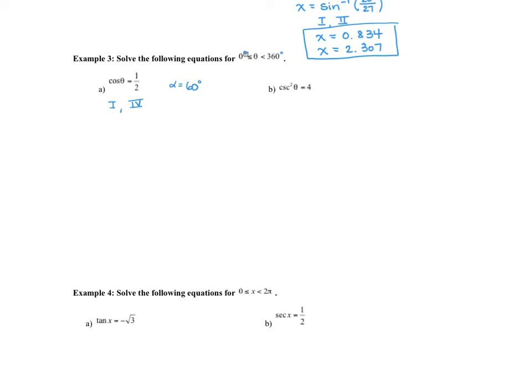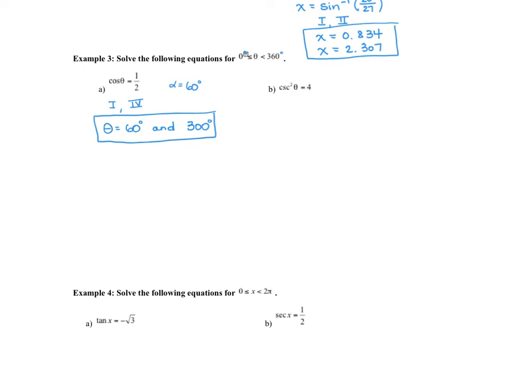So in the first quadrant, theta will equal 60 degrees. And in the fourth quadrant, I subtract 60 from 360. The other solution is 300 degrees. Right? Remember, our restriction is from 0 to 360, so I don't need those plus 360 n's.